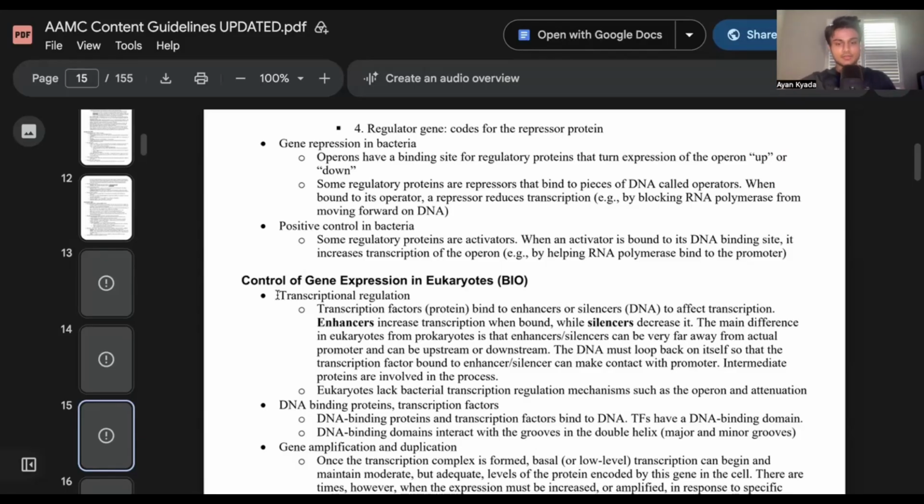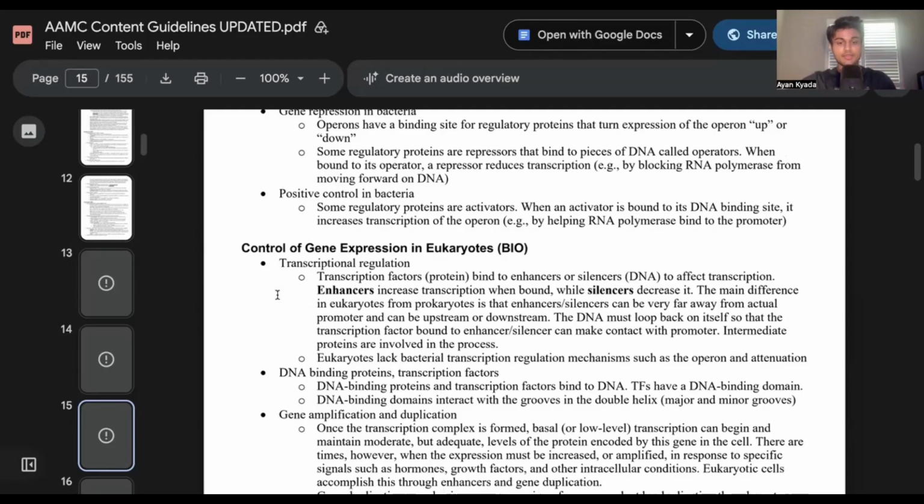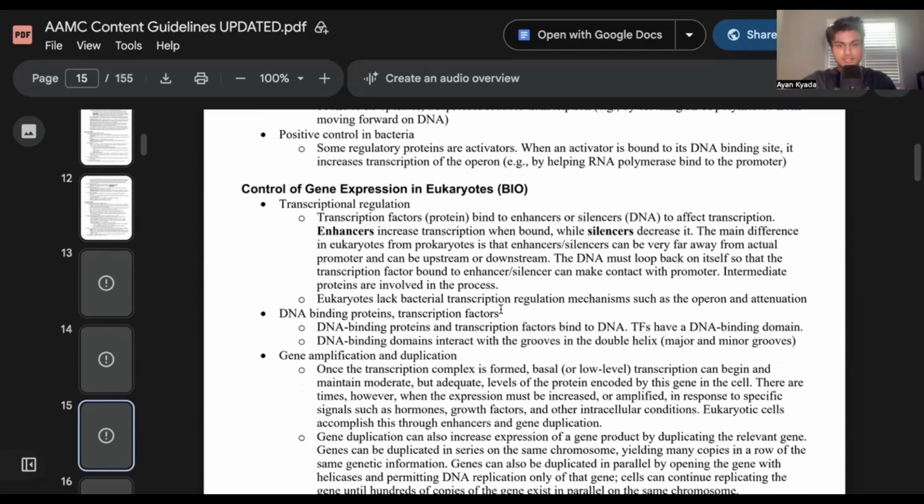In the process of transcription, the first step of gene expression actually starts with transcription factors, and these are a class of DNA binding proteins. So what they're going to do is they're going to bind specifically to the DNA. They're going to interact with the grooves in the double helix, and these transcription factors are very essential in recruiting and positioning the RNA polymerase to the promoter sequence.